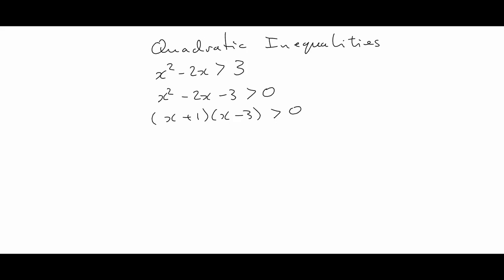That's because if two things are multiplied together to get 0, one or other of them must be 0. This is not true of inequalities. In fact, what we have here is two things multiplied together must be positive. In this case, either both must be positive or both must be negative.